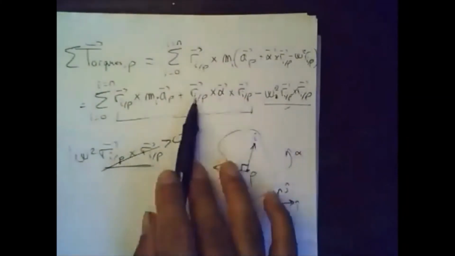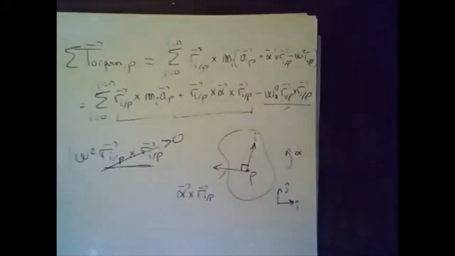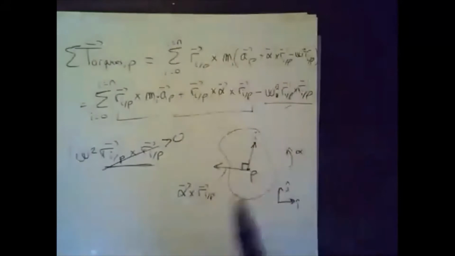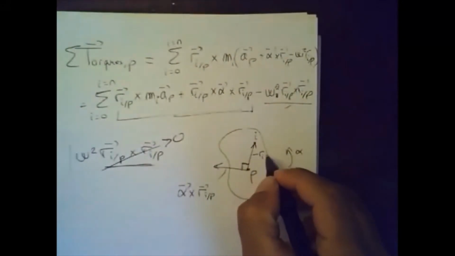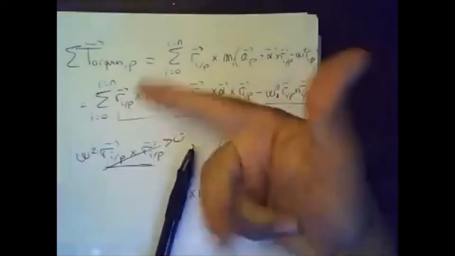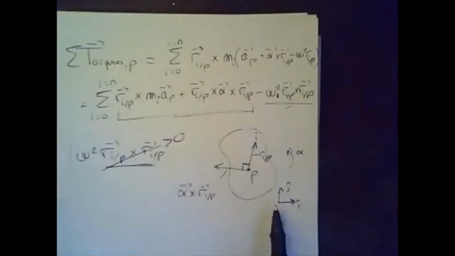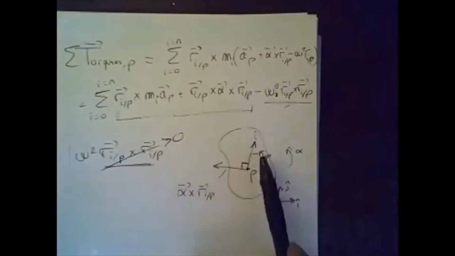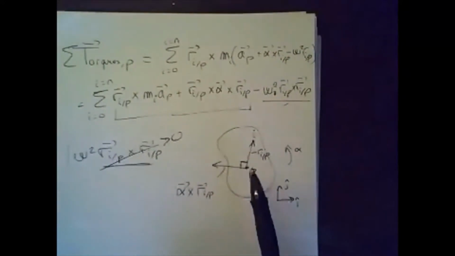What is R_iP cross alpha cross R_iP? So this is your vector R_iP, and R_iP cross this vector, you're going to be back up in the k direction. So this vector cross this vector is perpendicular to both, in the k direction, right?